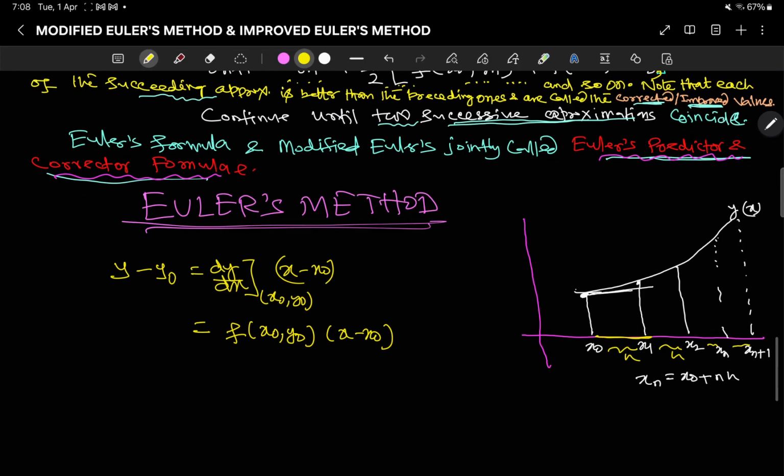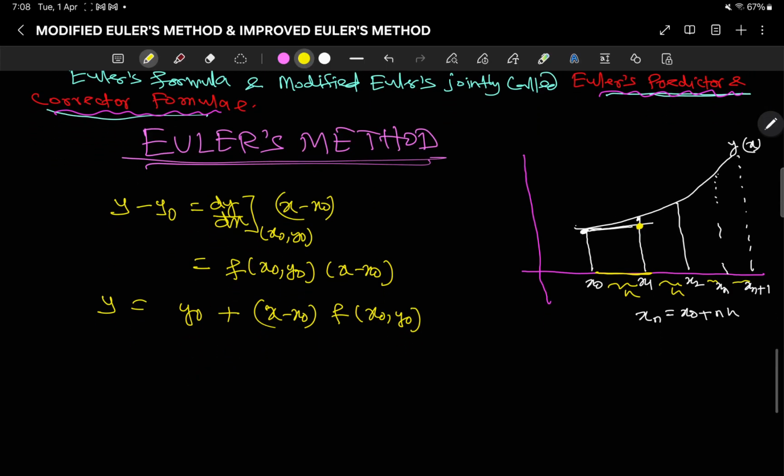I need to approximate the solution here, so I need to find y1. So my y is equal to y0 plus x minus x0 into f of x0 y0. Now you see, I want to find the solution here.